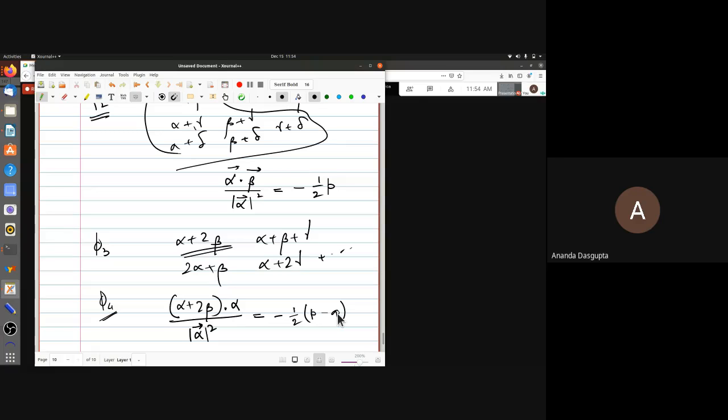Now forget Lie algebra and everything. This is just simple vectors. What happens if you shift alpha plus 2 beta along minus alpha? What do you get? 2 beta, which cannot be a root, right? Yes, 2 into beta. So that means that for this particular thing, Q has to be 0.